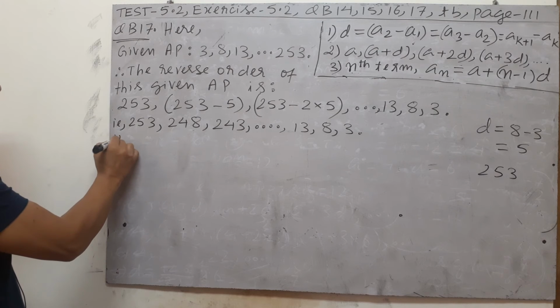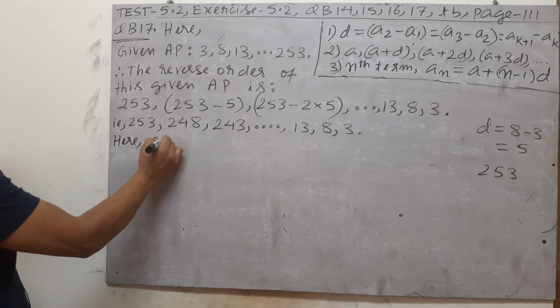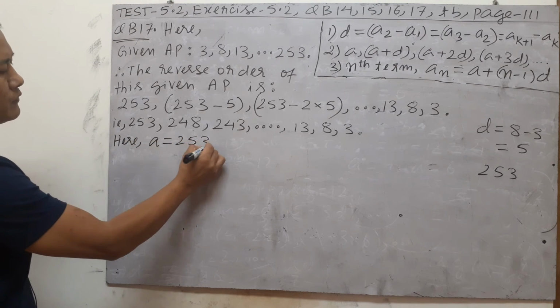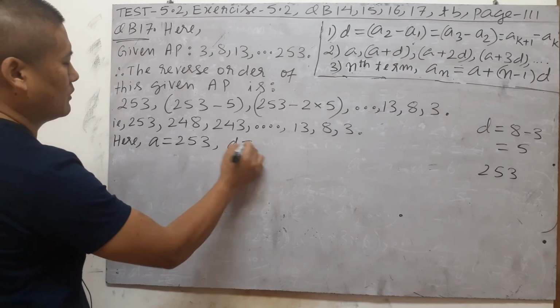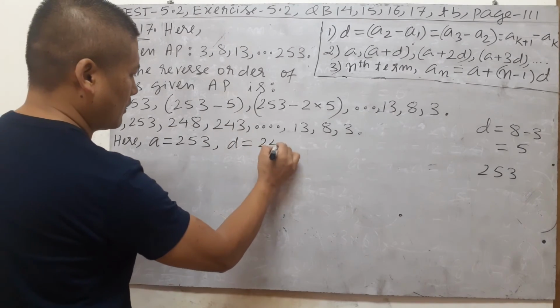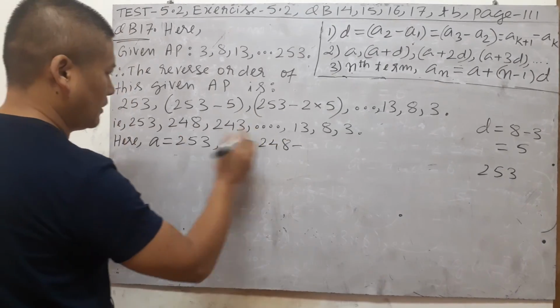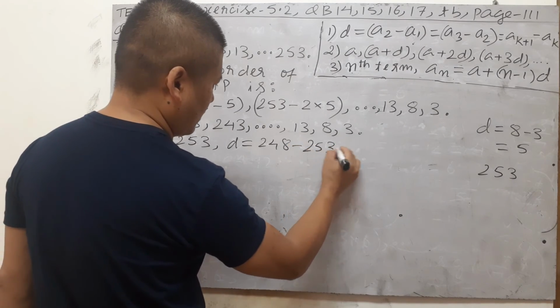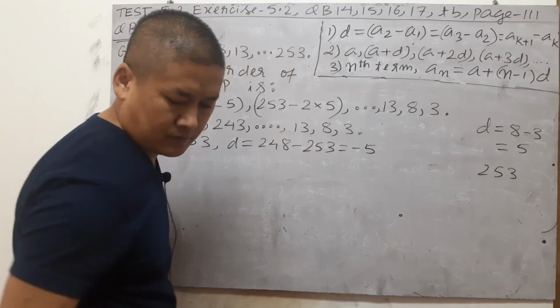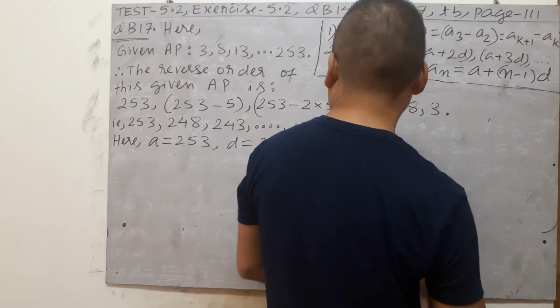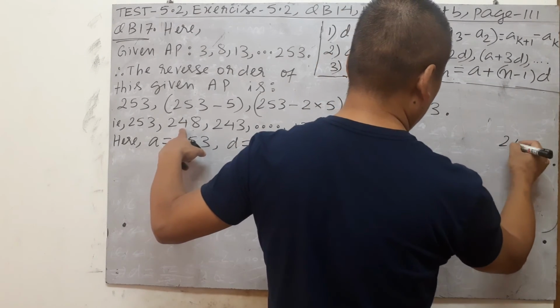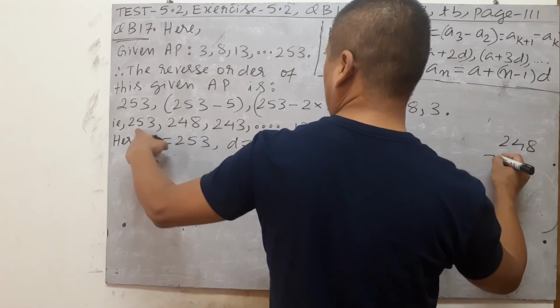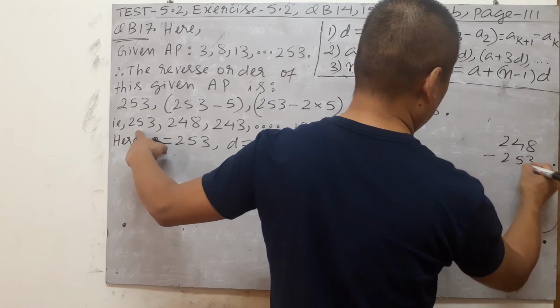Now for this reverse AP, the A value will be equal to the first term, 253, and D will be A2 minus A1, which will be equal to minus 5. I'll show you on the rough. A2 is 248 minus 253.